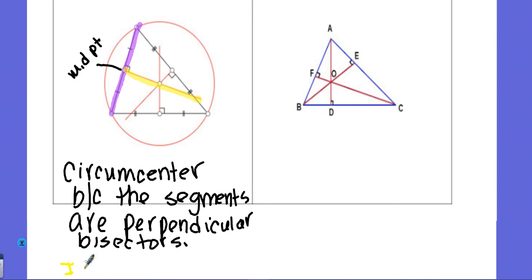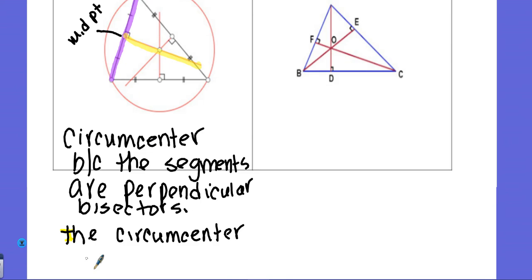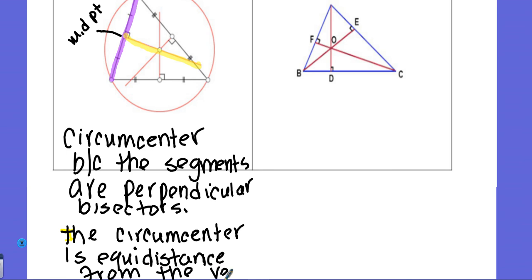Let's do a different color. Okay, so the circumcenter is equidistant from the vertices.